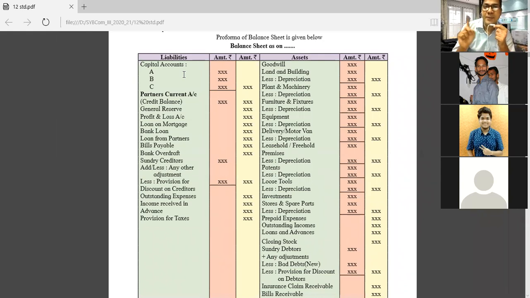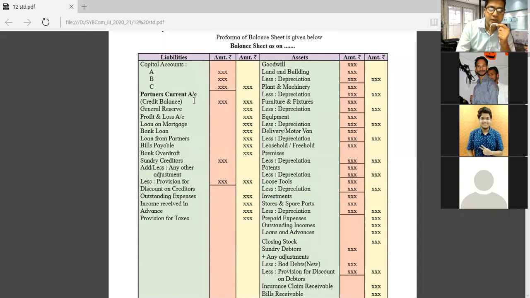If we apply the fixed capital method, we have to write the capital account, and the three partners are there, partner A, B and C, and their capital balances. It is always fixed. And that time we have to write all the partners' expenses and incomes under partners' current account.